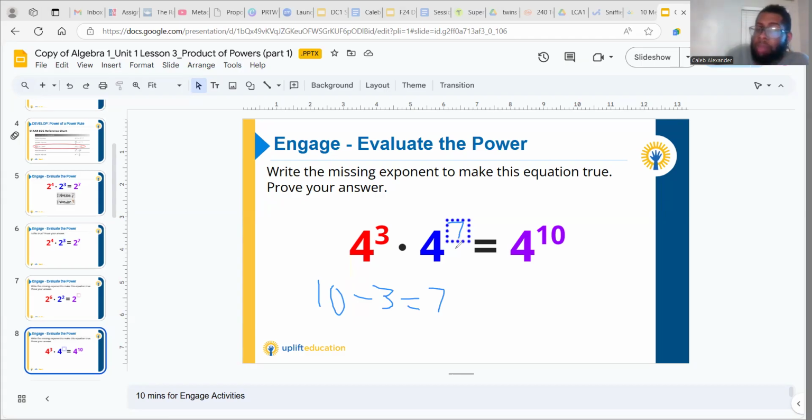But does anyone else have another idea how we get 7 in this case? Oh, you noticed this is 3. To get to 10, we have to add 7 to it. So there are multiple ways we could find the exponent in this case. We can work backwards or forwards, and we still get the same answer no matter what.